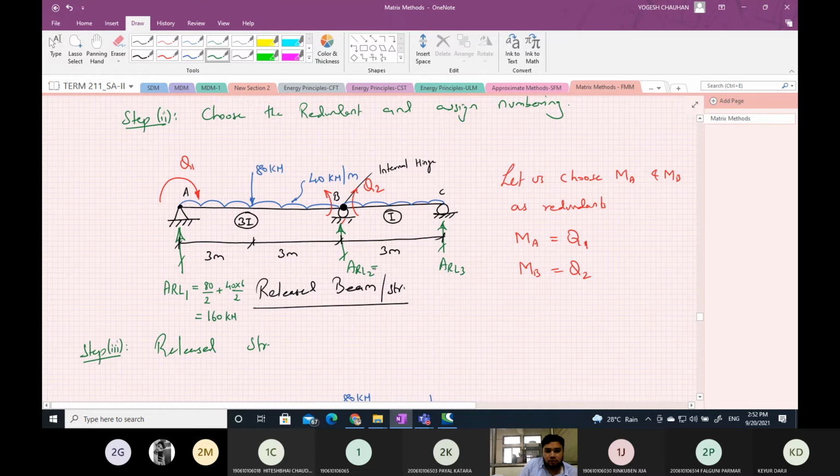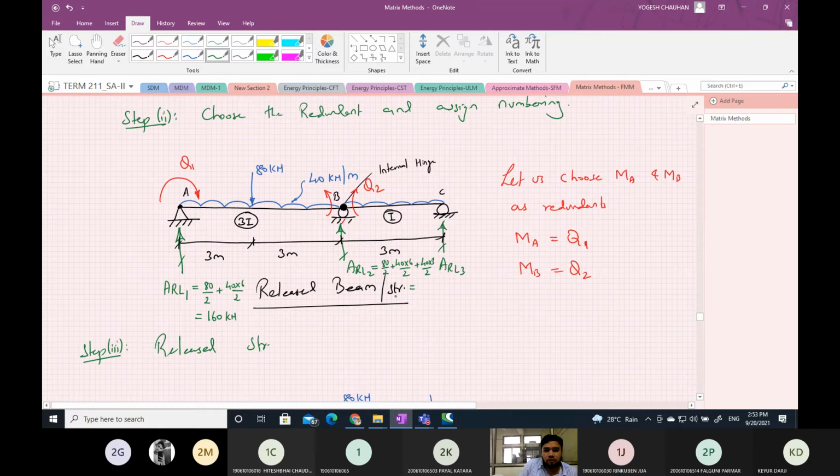Similarly, ARL2 will have reaction from this segment as well as this segment. So it will have 80 by 2 plus 40 into 6 by 2 plus half of this load, that is 40 into 3 by 2.